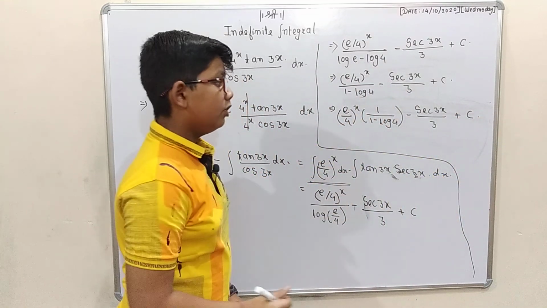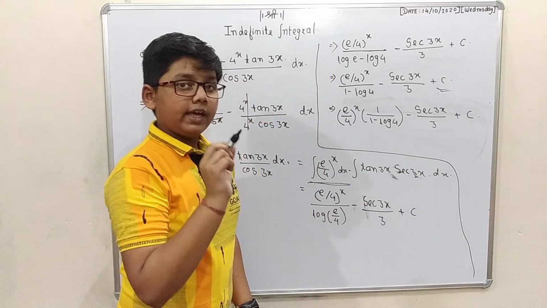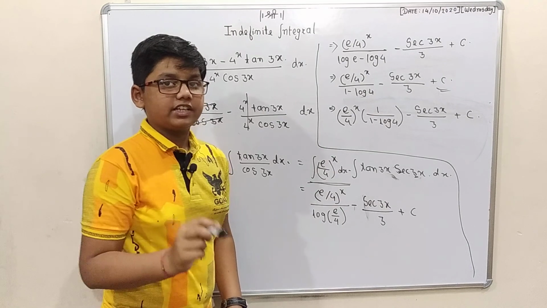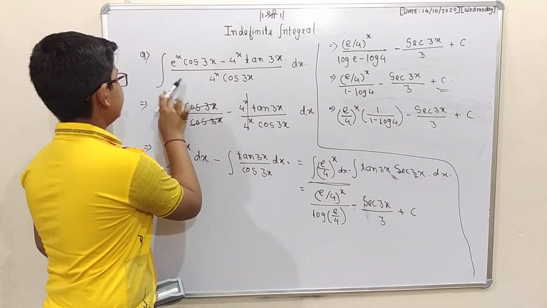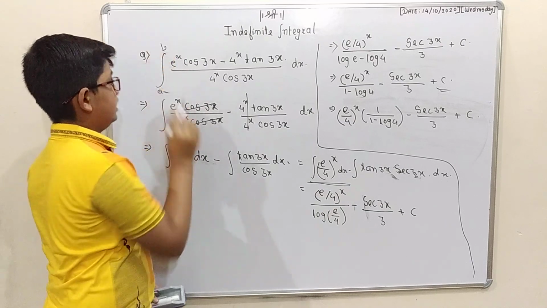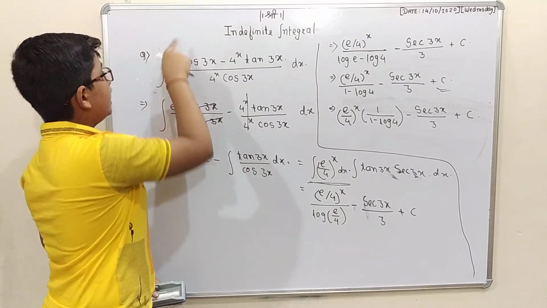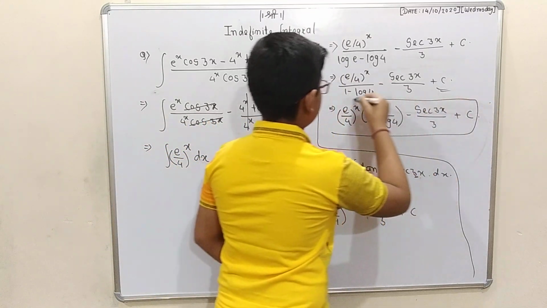It is necessary to write the constant over here just in the case of indefinite integration, not in the case of definite integration, because the limits, that is a and b, are given in definite integration, but in indefinite integration they are not given. So we have to write the constant.